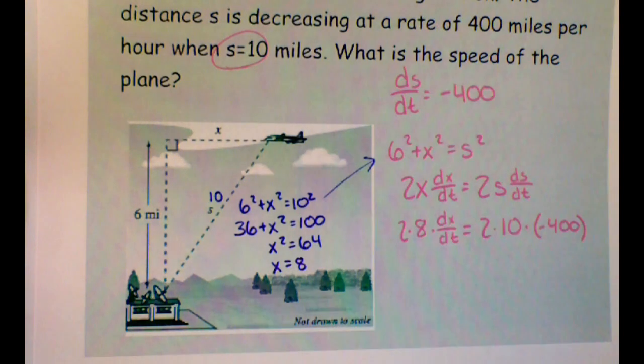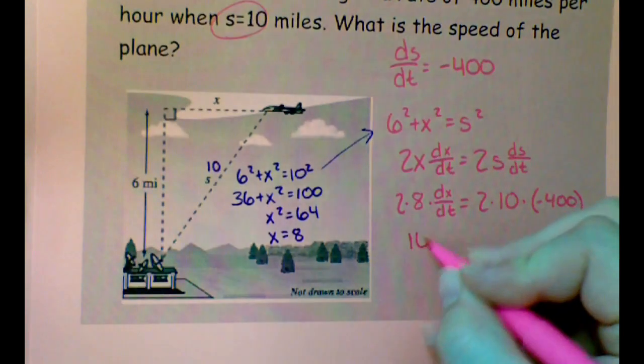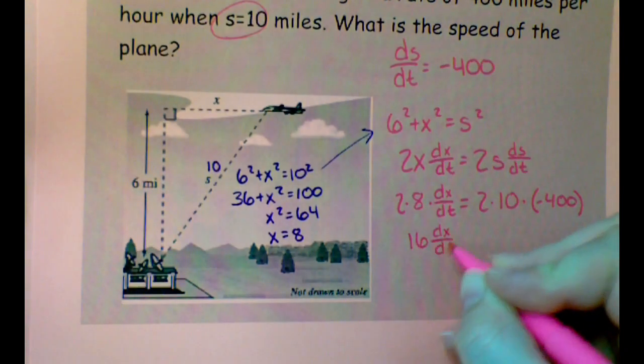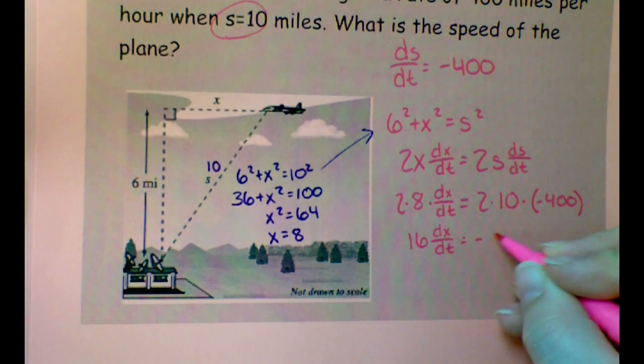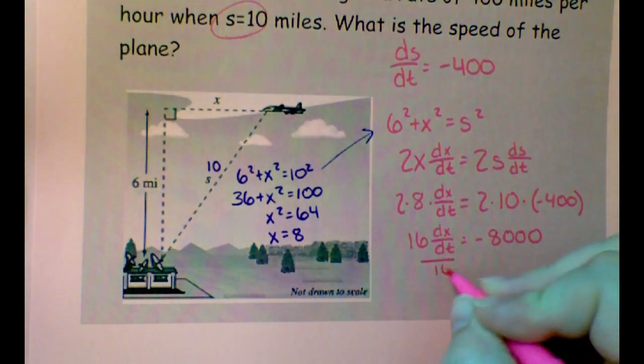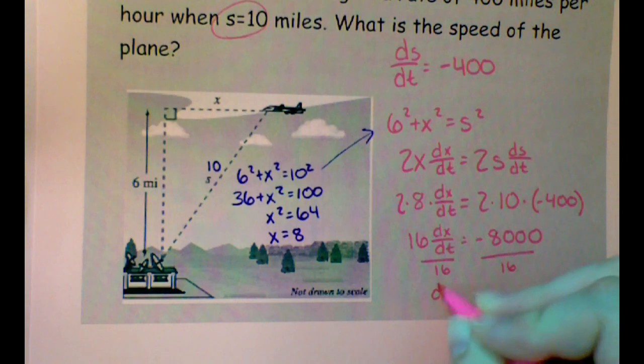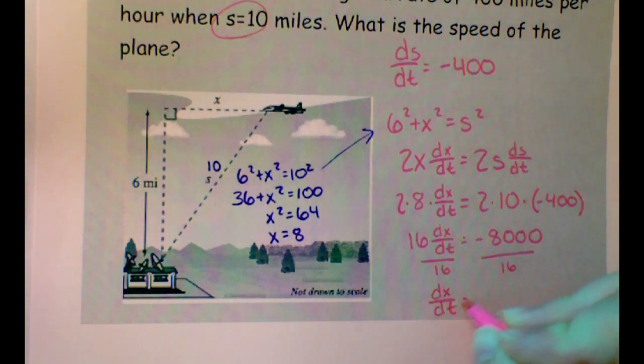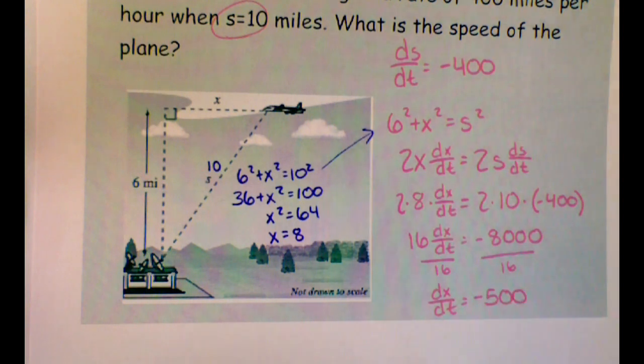So I'll plug in that 8. So 16 dx/dt equals negative 8,000. Divide by 16. dx/dt is negative 500. But that's not the answer.